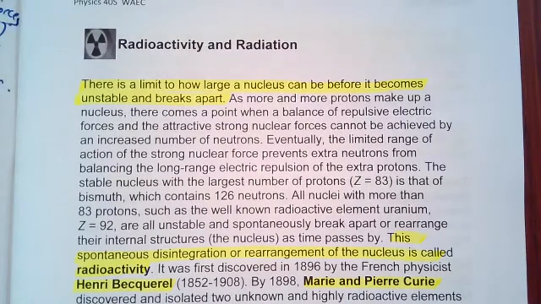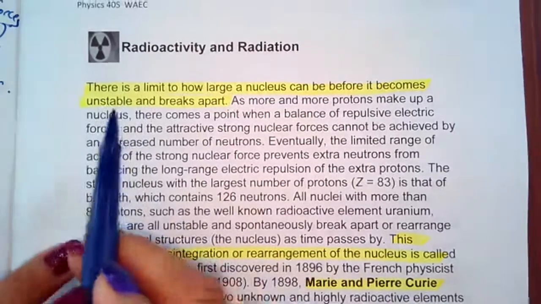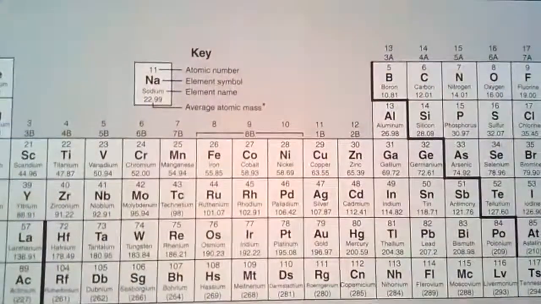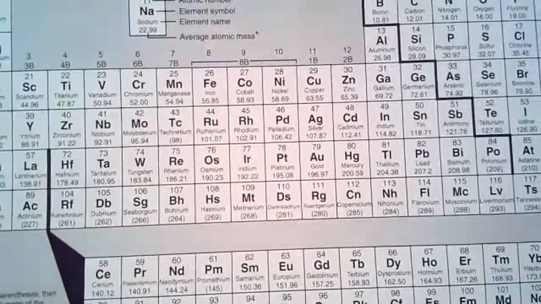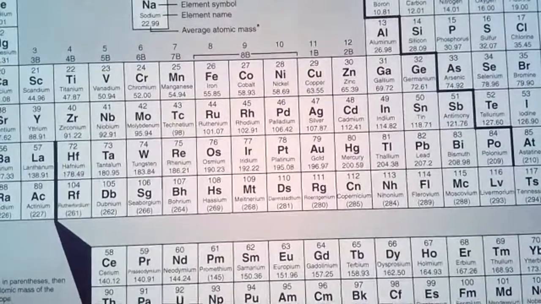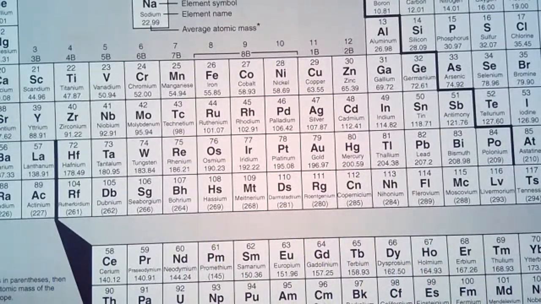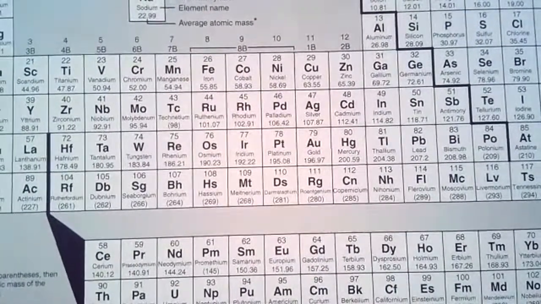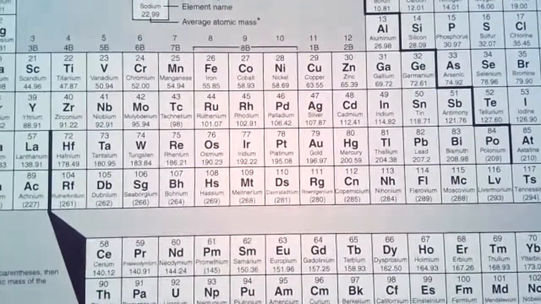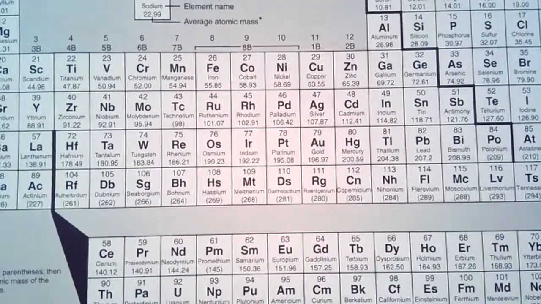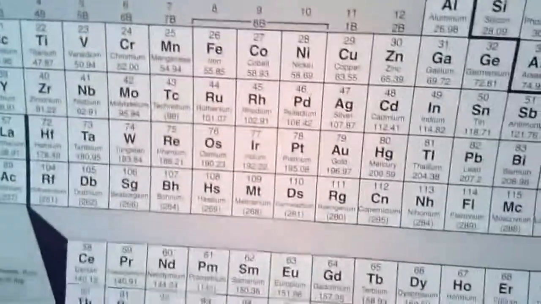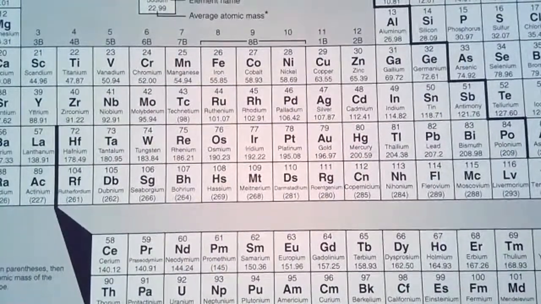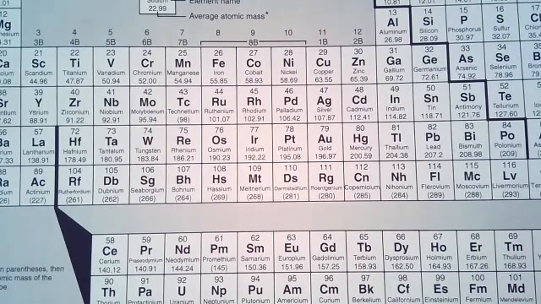There is a limit to how large a nucleus can be before it becomes unstable and breaks apart. If you look at the periodic table of the elements, which I'm going to attach to the blog, as the element becomes larger, the number of electrons also increases, and that's what the atomic number means. It's the increasing number of protons, which is equal to the number of electrons. They become very unstable because the number of orbital shells increases and they become farther away from the nucleus.